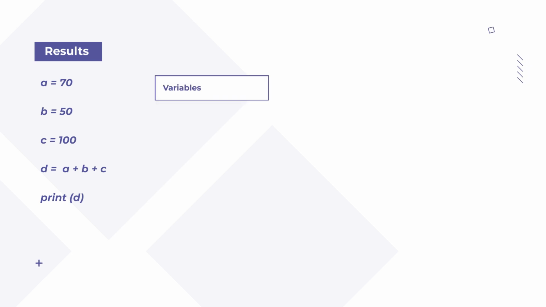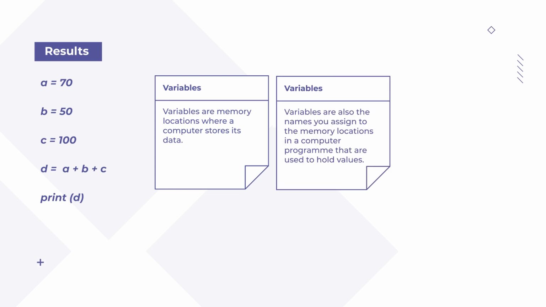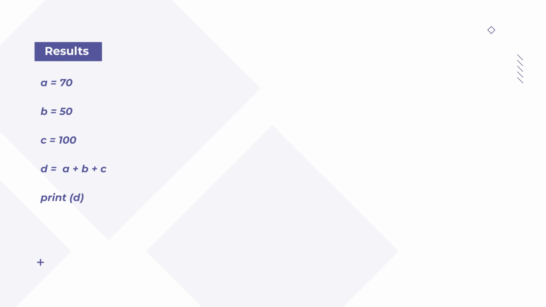It will give that space a name A, because that is what we are asking it to do. So A is equal to 70 means Mr. Computer reserves some space in the memory, gives it a name A and stores 70 there.